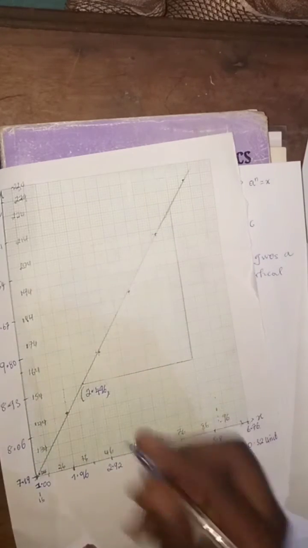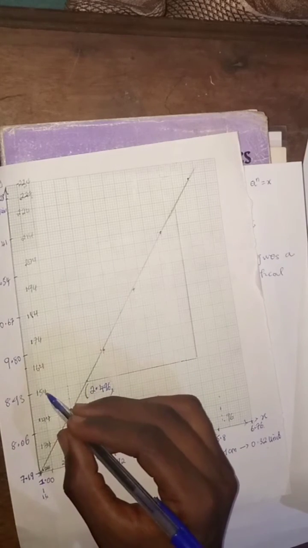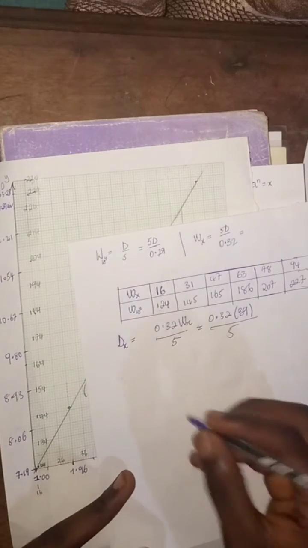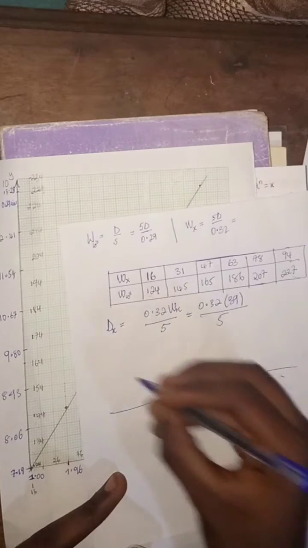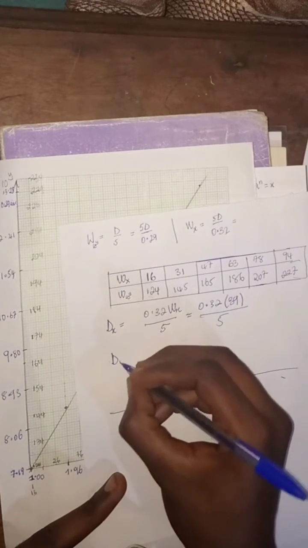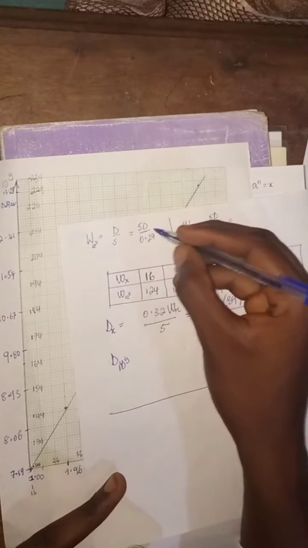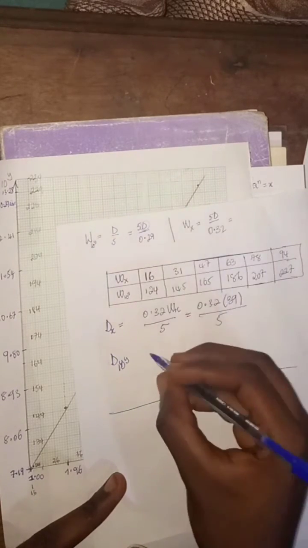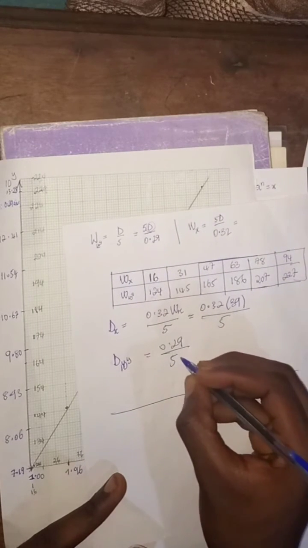I do the same for y. This line here corresponds to what? The whole number I read here is 154. So I do the same thing for y. The whole number part, data point for 10 to the power y. If you make z the subject here, you are going to have 0.29 times 5 times what?